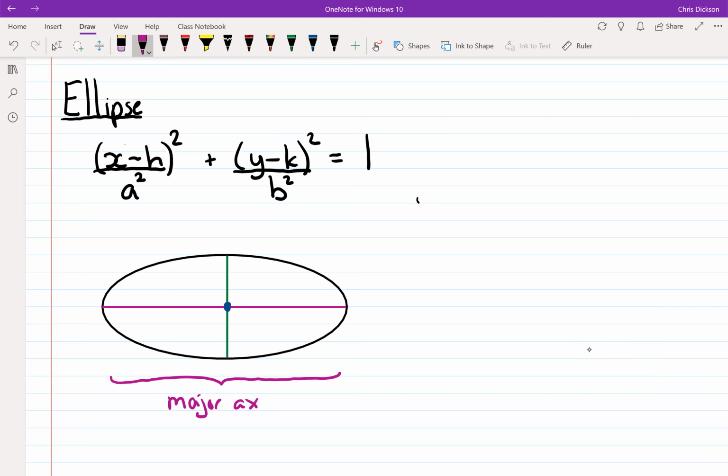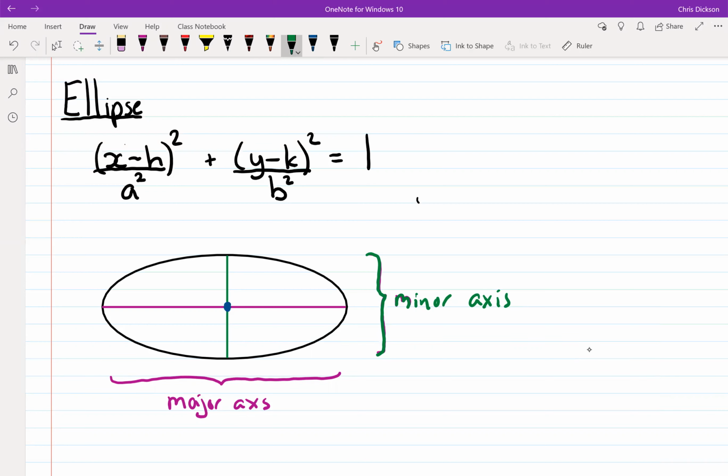It's the longest axis. And this axis here, we refer to as the minor, in green, color coded for a reason. So the minor axis here is vertical, and the major axis is horizontal.